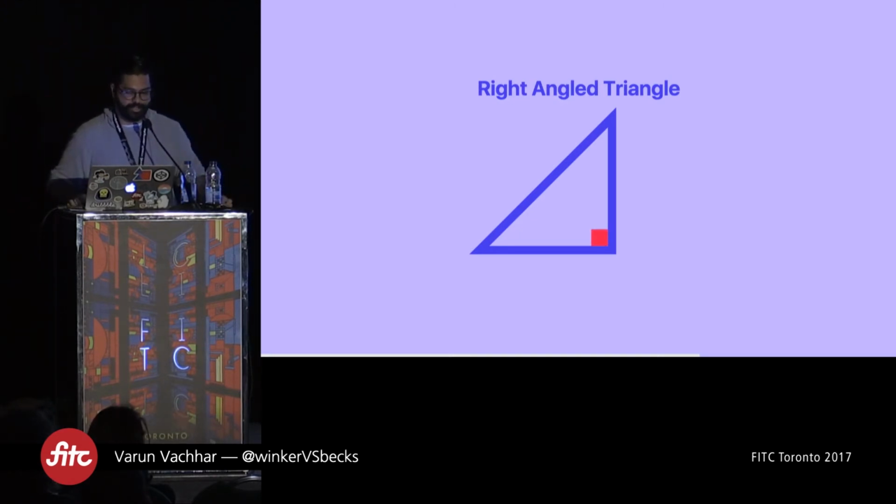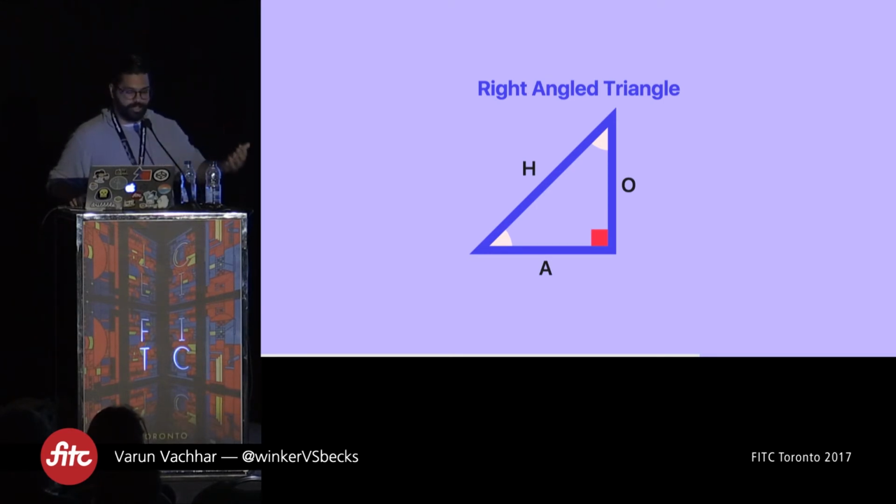Since it's a right angle triangle, it has a few properties. One angle we know is 90 degrees. The other angles have to be less than 90 degrees, and they should add up to 90 degrees. And then it has three sides: the opposite, the adjacent, which is the base of the triangle, and the hypotenuse.